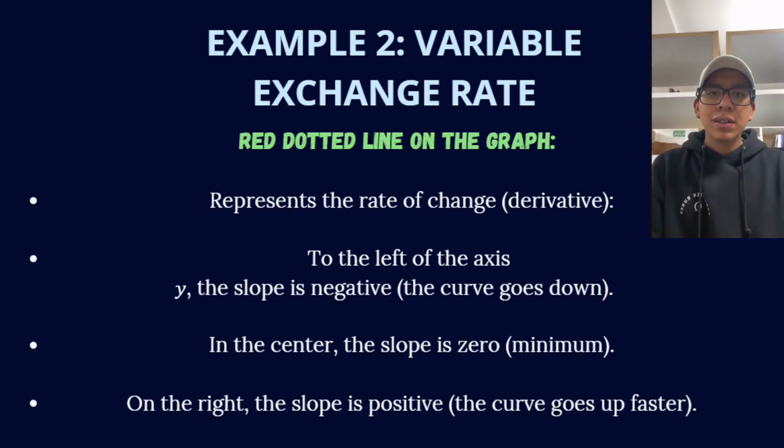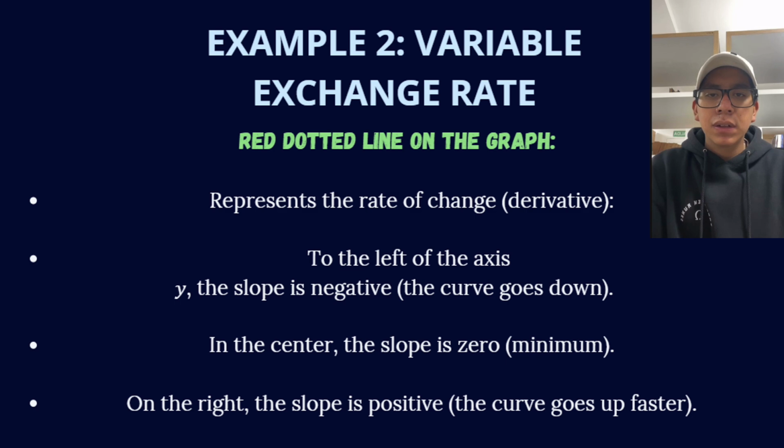The red dotted line on the graph at the center touches 0, and to the right the slope is above 0, so the curve goes up faster. This red dotted line marks the derivative. Left of center it is negative, showing a downward slope, and the axis is 0, marking the minimum.